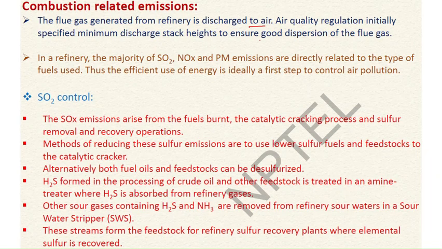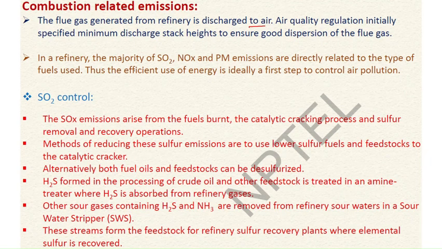It is mainly discharged from the flare, so the stack height should be quite high so that the flue gases are released at a considerable height for good dispersion into the atmosphere.